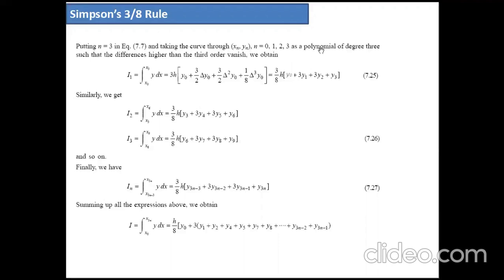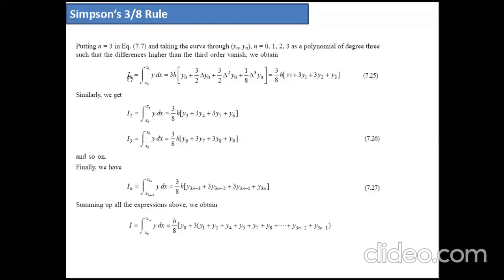The function is a polynomial of degree 3. So what does it mean? A polynomial of degree 3 means the forward differences of fourth order and higher orders will be 0. So we will substitute these two things: first, n is equal to 3, and second, delta 4, delta 5 equal to 0.